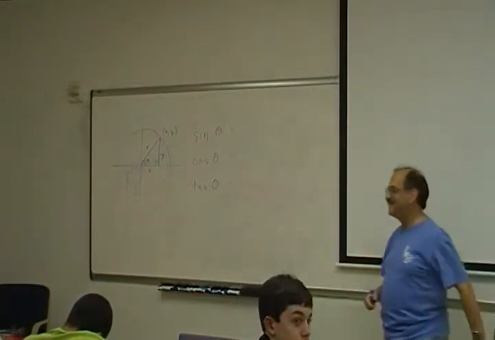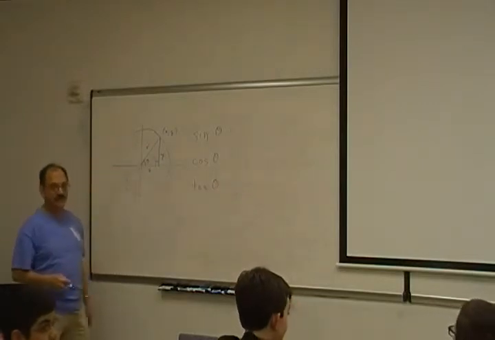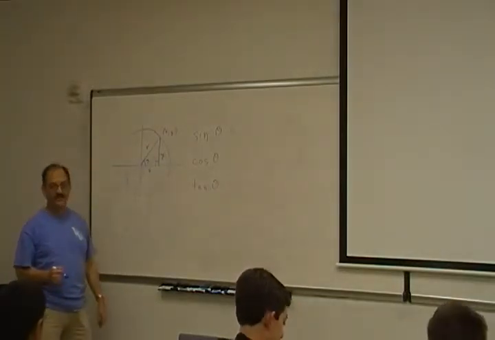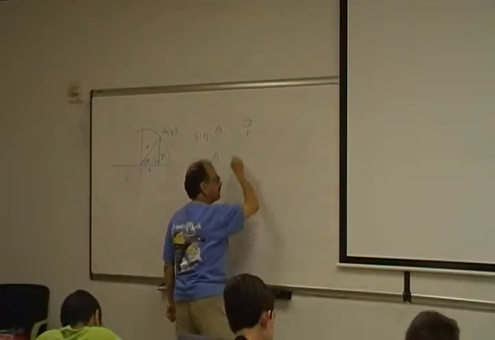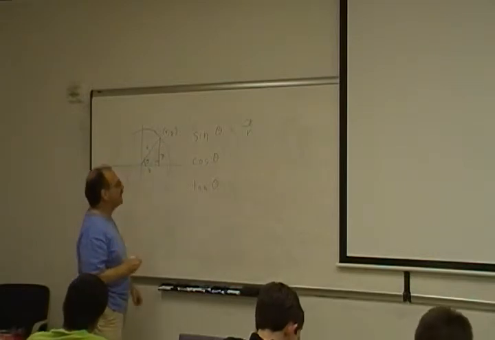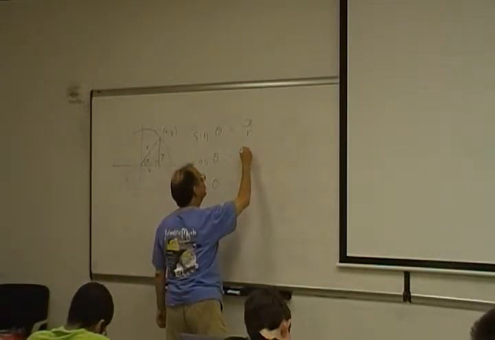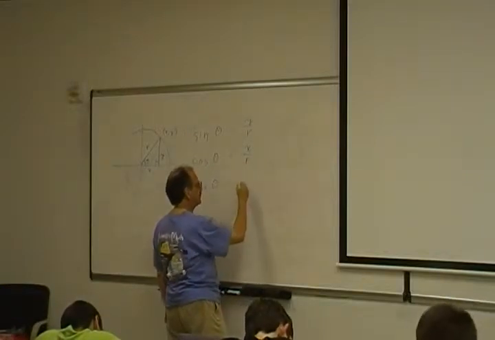Anastasia, what's the sine for this triangle in terms of the letters X, Y, and R? Y over R. Does everybody understand where we got that? Yes. Opposite over hypotenuse. Anastasia, go ahead. X over R. And Y over X.